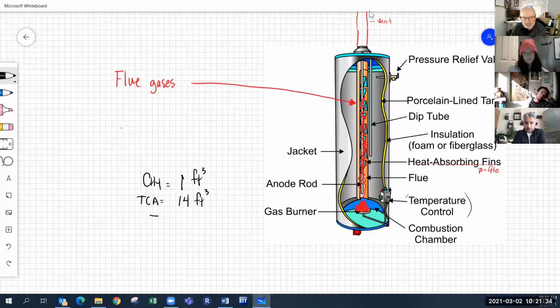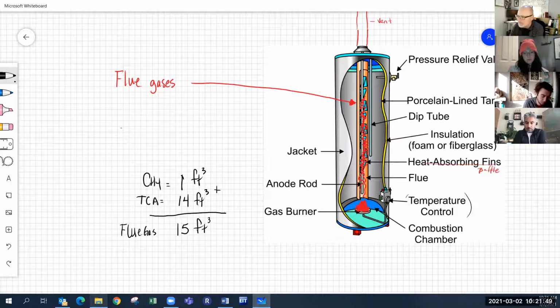So I add these two things together to get my flue gas total, and my flue gas total is 15 cubic feet. I add the amount of fuel that's burned and my total combustion air to get my flue gas total.